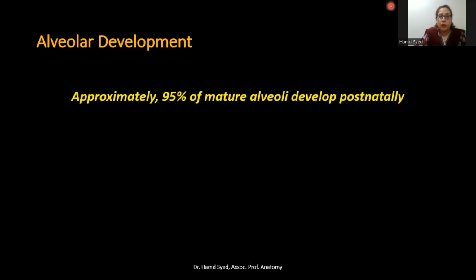When we talk about development of alveoli, an important point to keep in mind is that 95% of mature alveoli develop postnatally. Although the mature alveoli have started to make their appearance at the end of gestation, it is mainly during the childhood years when most of the mature alveoli will develop.